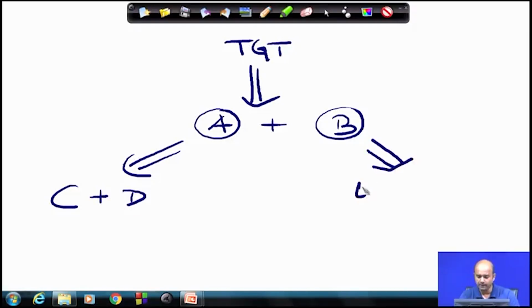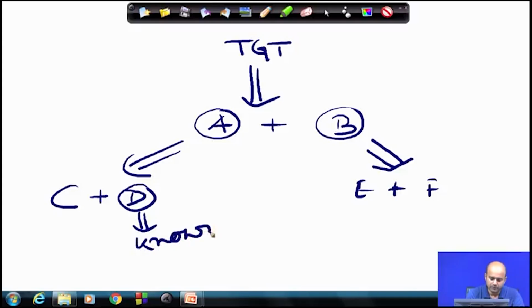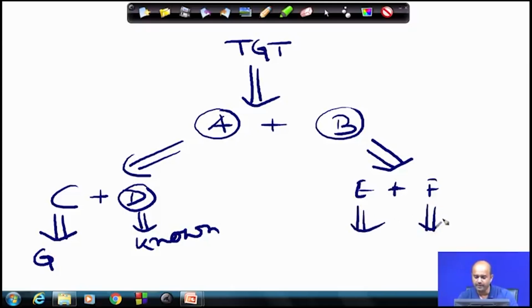Then you come back here, E plus F. Now, you find that D might be commercially available. You say this material is a known material. Then C may not be commercially available. You again come back and devise another retro pathway. For here also the same thing might be applicable depending on the source of the materials.